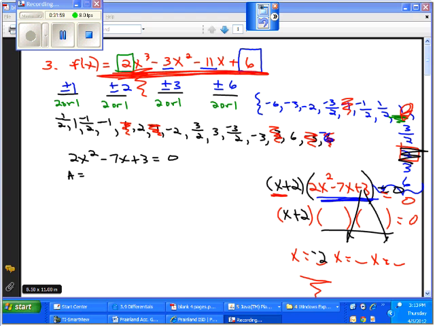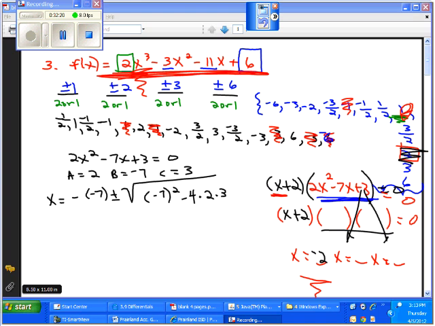So we're just going to use the quadratic formula. We're going to have A is 2 and B is negative 7 and C is 3. And so we have x is equal to the opposite of B, negative 7, plus or minus the square root of B, which is negative 7 quantity squared, minus 4 times my A of 2 times my C of 3, all over 2 times my A of 2. Now I'm going to do this and this and this.